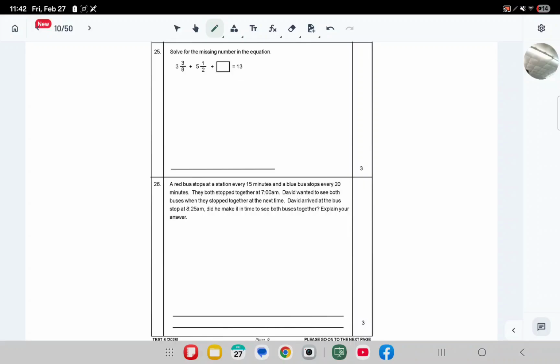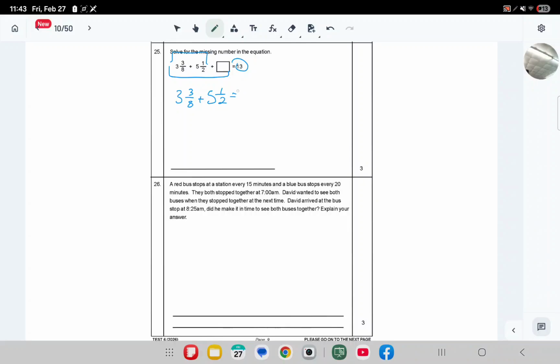Number 25, solve the missing number in the equation. So that means when you add up all these here, we need to get 13. So first, let's get the sum of the known values. So we have 3 and 3/8. Add 5 and 1/2. And when we add fractions, we know we could add the whole number and then add the fractions.